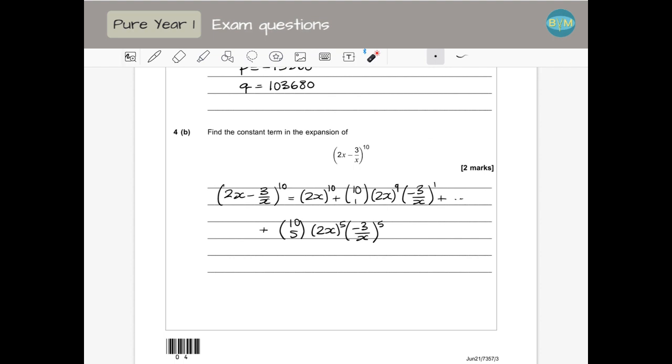And it's just finding the number with the calculator. So you do 10 chooses 5, multiply by 2 to the power of 5, multiply by minus 3 to the power of 5. And the coefficient that we are looking for is minus this very, very large number. So that's all with this question.